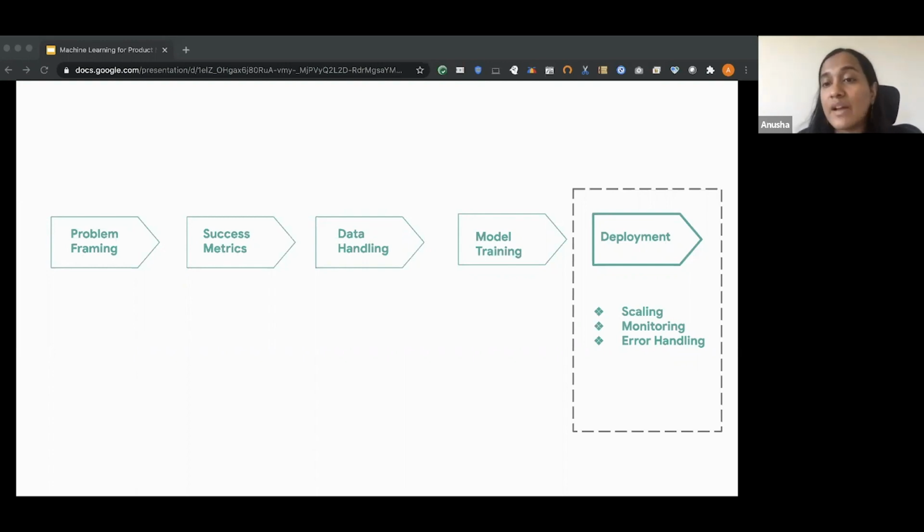Now, while your model is starting to serve predictions and you have a feature that's launched, failures and errors are something that you cannot avoid. Errors can be due to misclassified labels, missing data, unexpected inputs, system limitations, and various other factors. You need to gracefully handle errors and failures by giving the user a path forward. Think about aspects like whether the failure state is actually acceptable for the user.